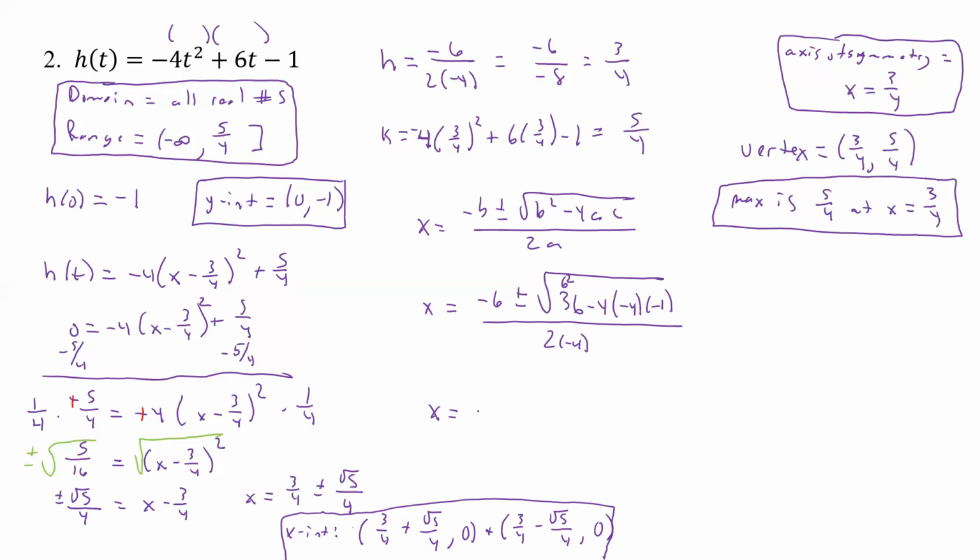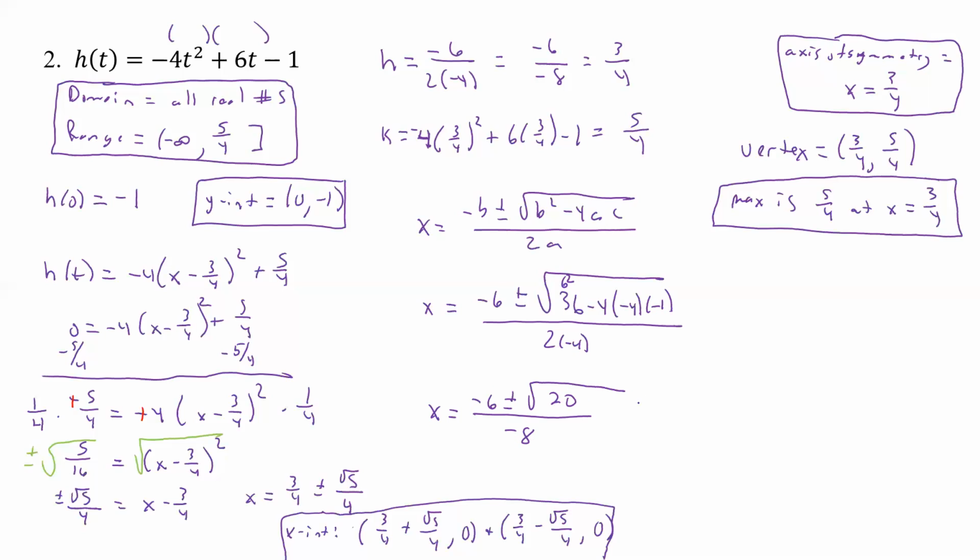Then that gives me x equals minus 6 plus or minus the square root of, well, 4 times 4 is 16, and those two negatives make a positive, but I have a negative here, so it's 36 minus 16, which is 20. And then that's all over 2 times -4, which is -8. Now, can we simplify?